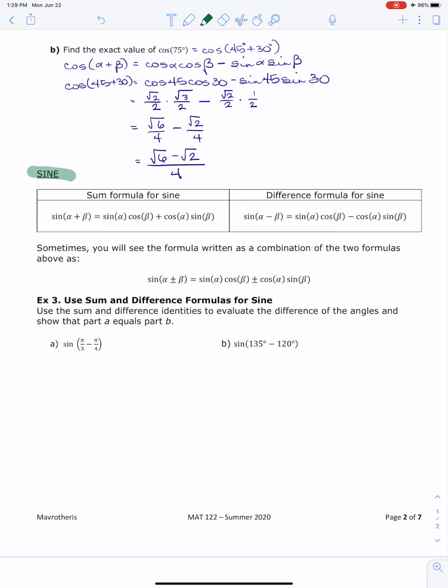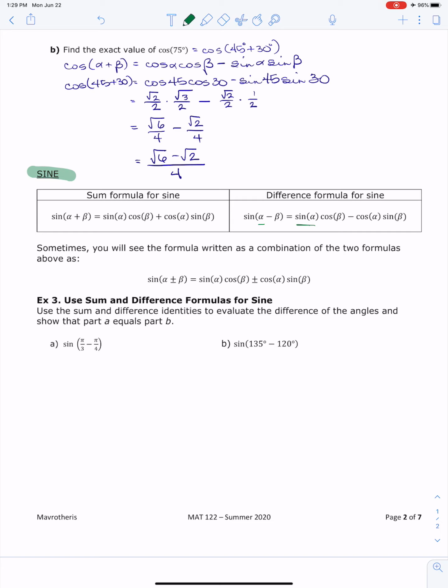If I am adding two pieces within the argument for sine, I am adding the two terms in the formula. Same thing for the difference formula. Sine alpha minus beta equals sine alpha cosine beta minus cosine alpha sine beta. Keep in mind, the order here is going to matter. So alpha minus beta is going to be different than beta minus alpha. We need to make sure that our sine alpha matches our leading term.